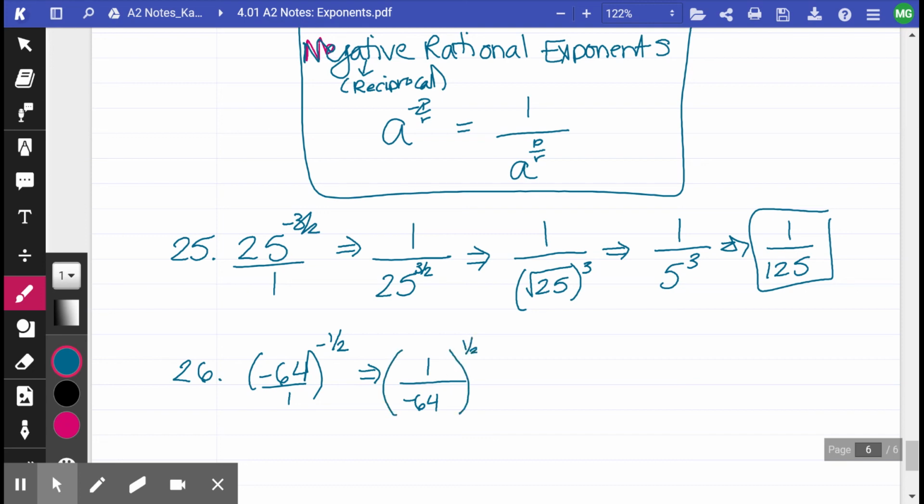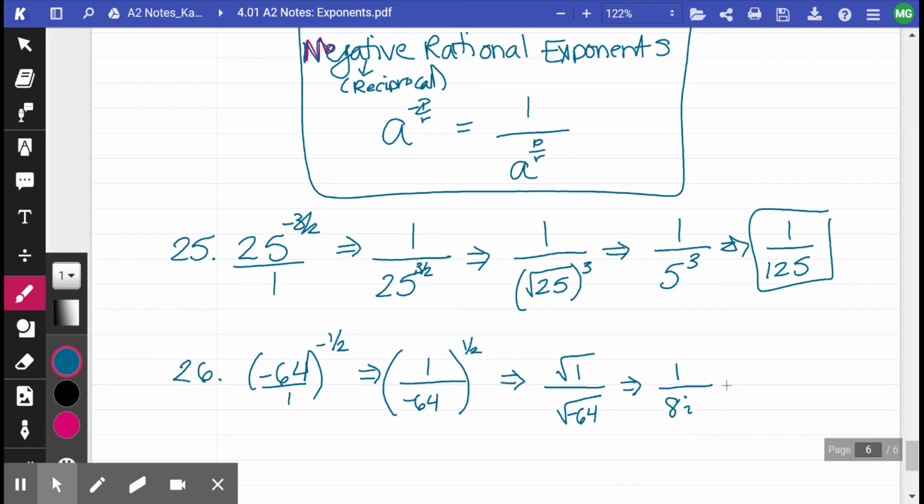Now that becomes positive 1/2 on the outside. 1/2 power is the same as power over root, so that is our square root, the second root. So I'm going to take the square root of 1 and the square root of negative 64. Well, the square root of 1 is just 1, and the square root of 64 is 8. And since there's a negative, I want to pull that out and make it into an i.